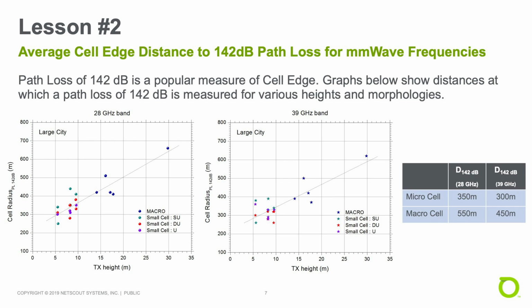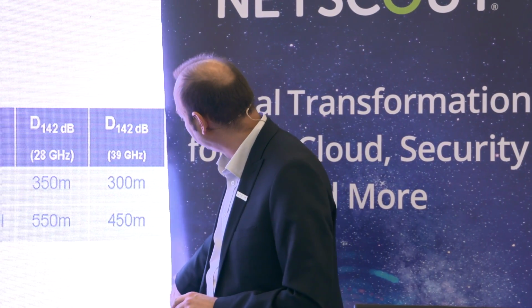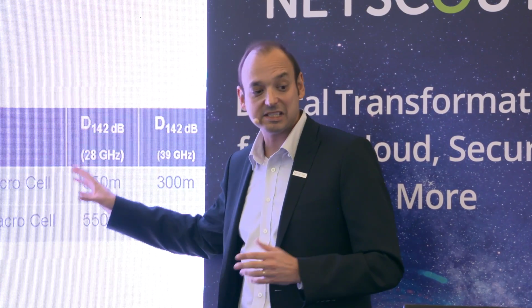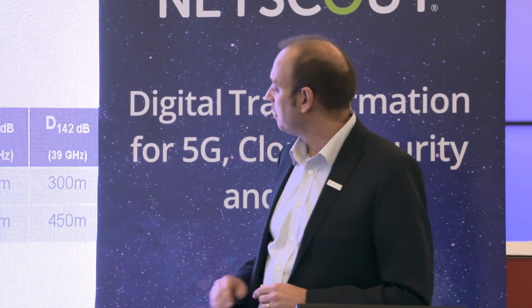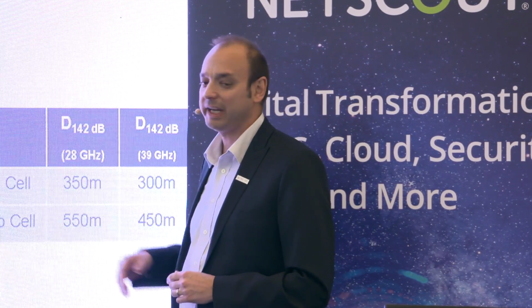In reality, your own networks may have more gain or more sensitive receivers. The path loss budget may vary from 142, but this is something that we have used for the purpose of this analysis. And when we're looking at the distances at which we consider this as the cell edge, in microcell environments in 28 gigahertz, we see the cell edge being about 350 meters.